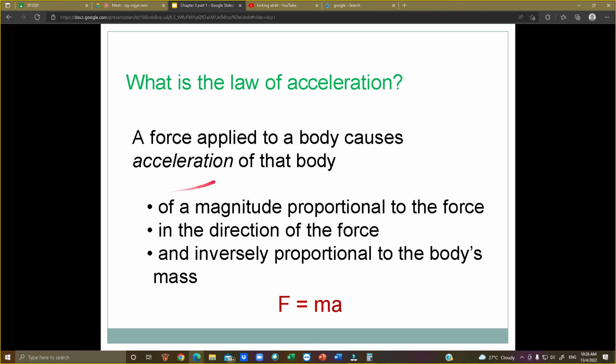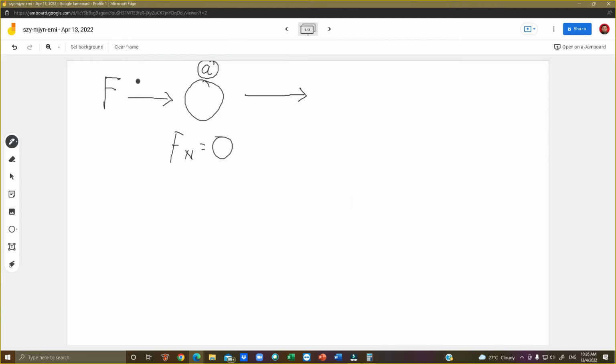This acceleration, the criteria of this acceleration, first one, magnitude proportional to the force. Meaning, katalah, we assume if 1 Newton of force gives 1 meter per second of acceleration, then for the first statement, if you give 10 Newton, you are going to get 10 meter per second.